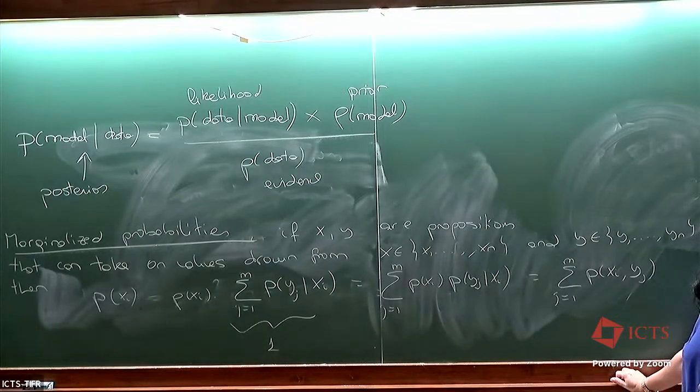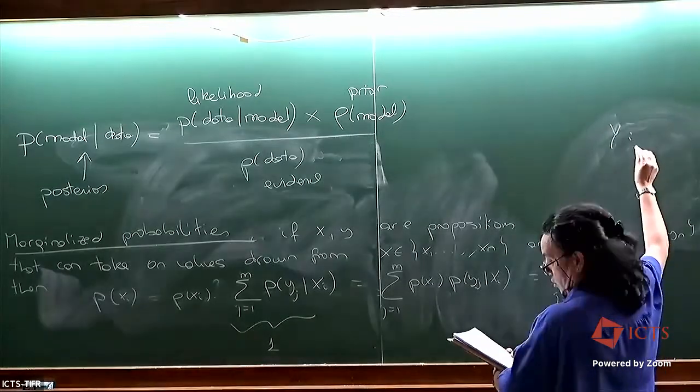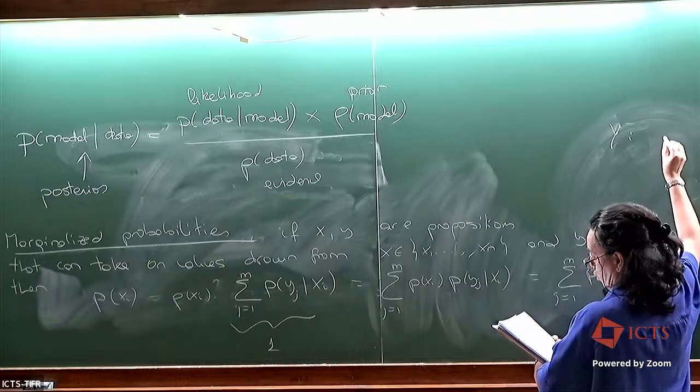So basically, Y is what we can call the nuisance parameter.